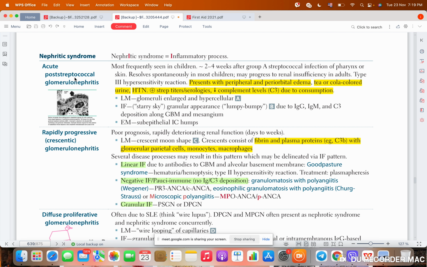But the kidney can be inflamed after pharyngitis or after a skin infection, so both. The kidney is much more sensitive than your heart. It resolves spontaneously in most of the children, but may progress to renal insufficiency in an adult.